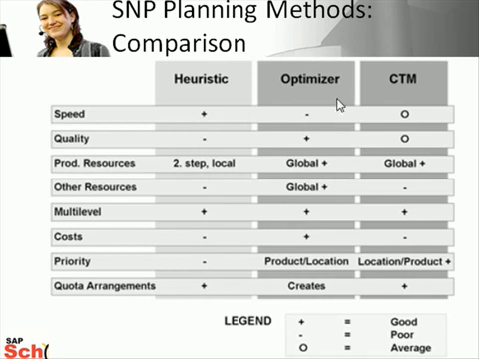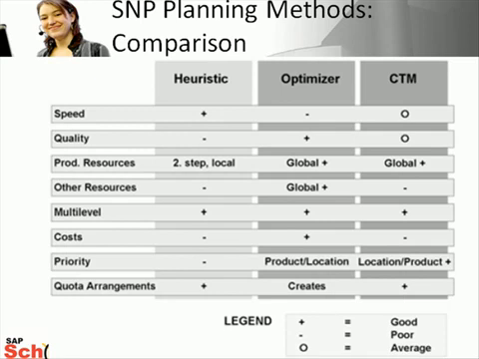Here is a quick comparison between the three methods. In terms of performance, the heuristic is the fastest method, the optimizer the slowest and the most complex, and the CTM is in between. However, this is only a general rule of thumb.